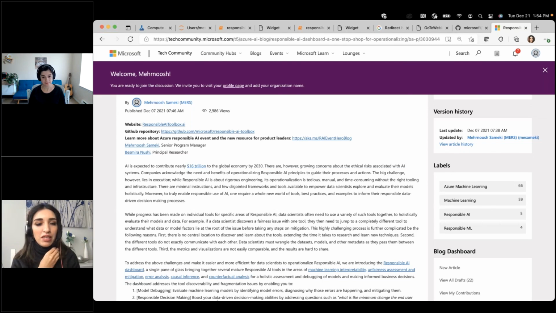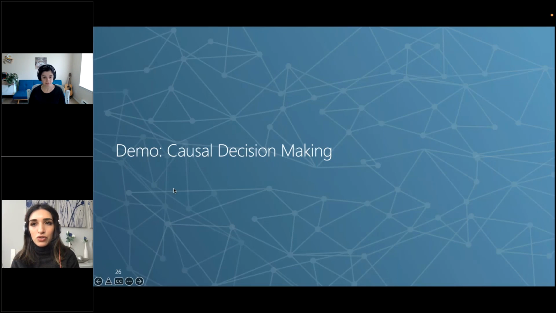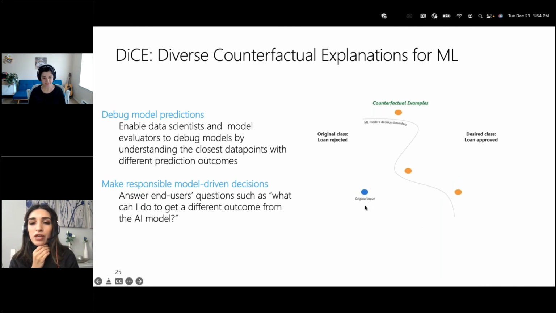Counterfactual is, and maybe that slide is going to be helpful a little bit with a little visual. So can we still see my slides? Yes. Okay, perfect. So basically the counterfactual is about, you have an original data point, say this is Marnoush, and Marnoush's loan has got rejected.